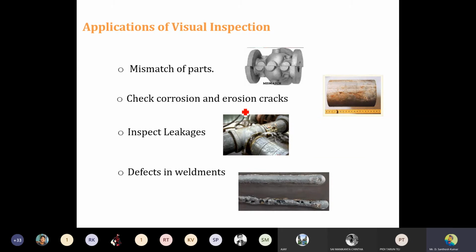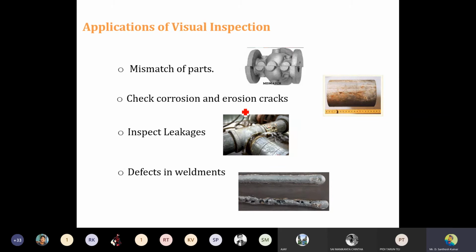In these situations we go for it because all these applications or defects are at macro level, so you can easily identify them with the eye. Also for inspecting leakages: due to corrosion, material loss will be there, or maybe improper joining, and in that situation leakage may also occur.